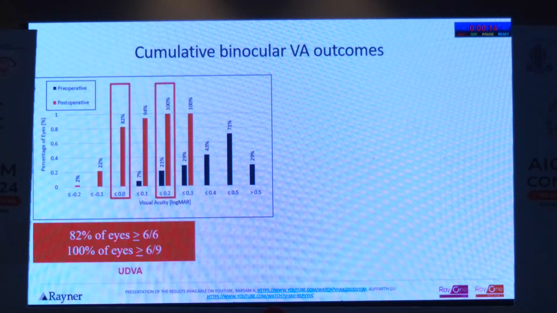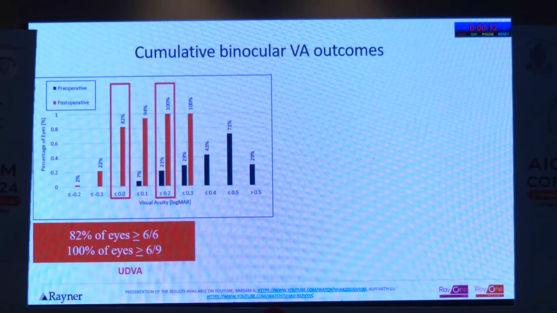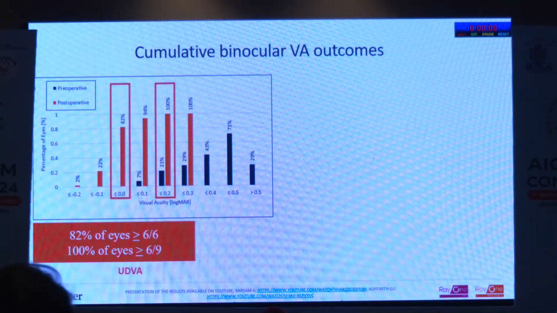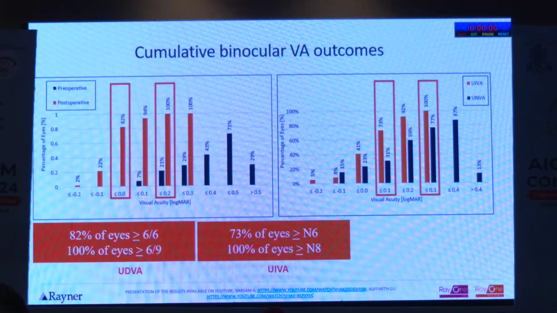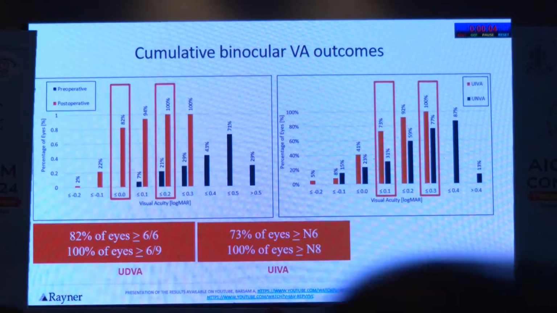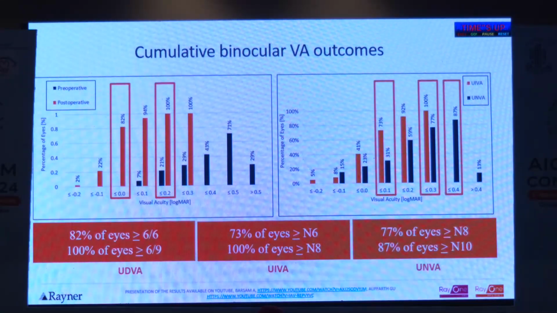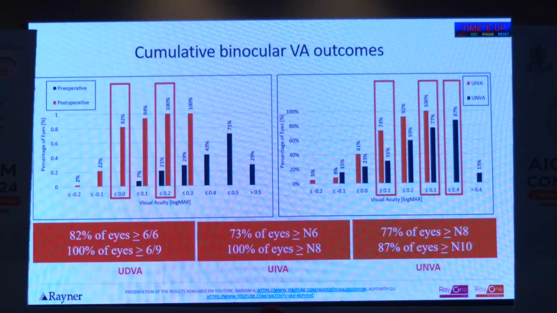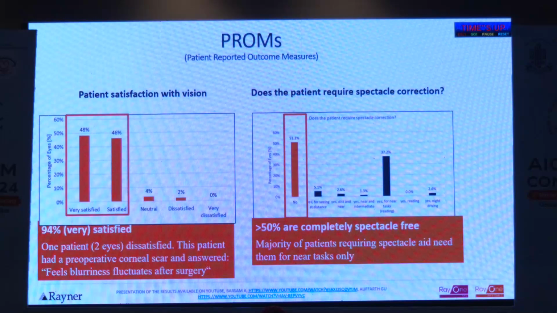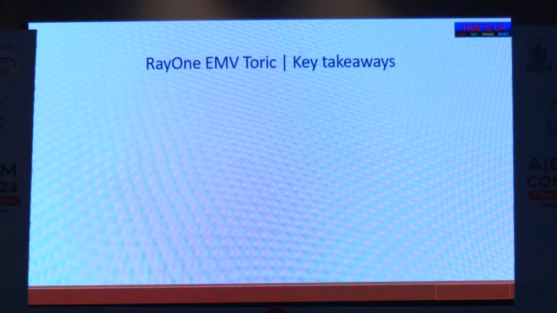Visual outcomes, 82% get 6/6, but 100% get 6/9 and above. For intermediate vision, it is 100% for N8 or N10, and 87% of eyes for N10 for the near vision. 94% of patients are satisfied with 6/6 or 6/9, and 50% are completely spectacle free if you do a micro monovision type of thing.